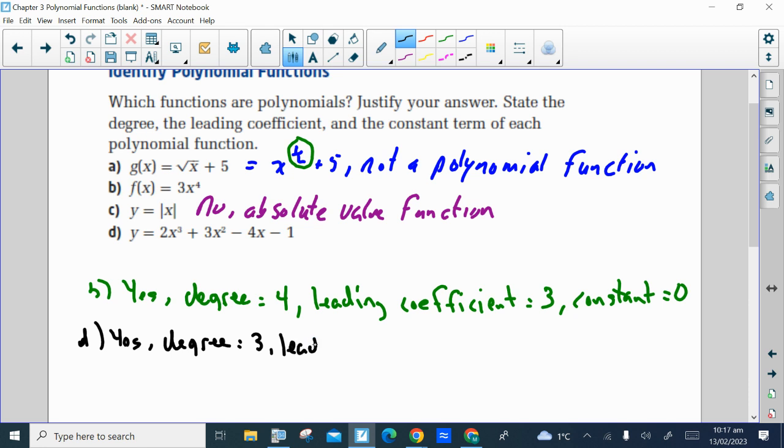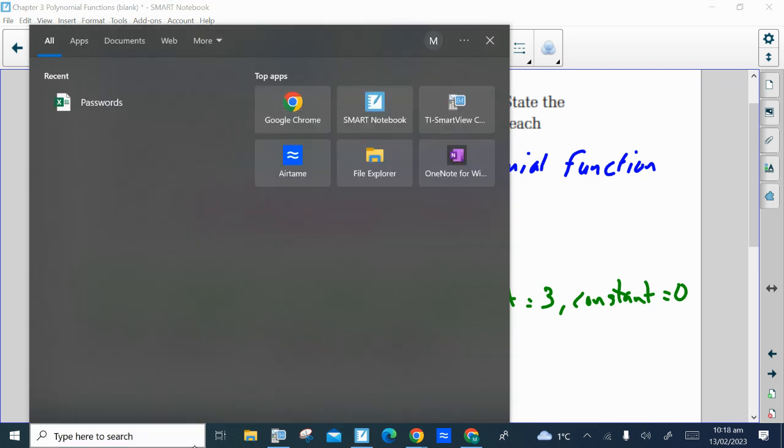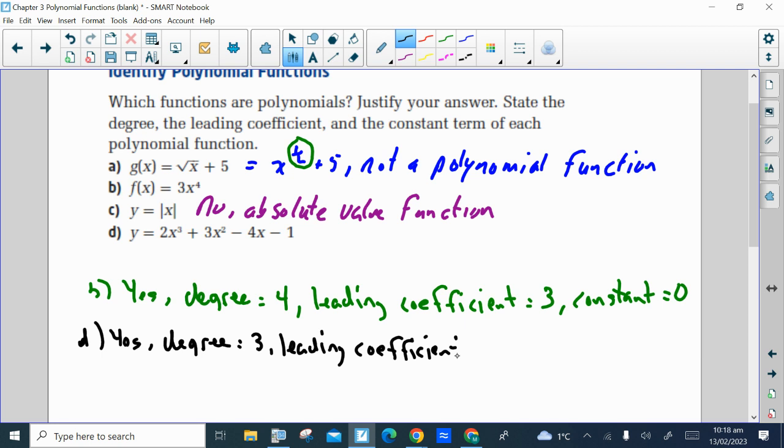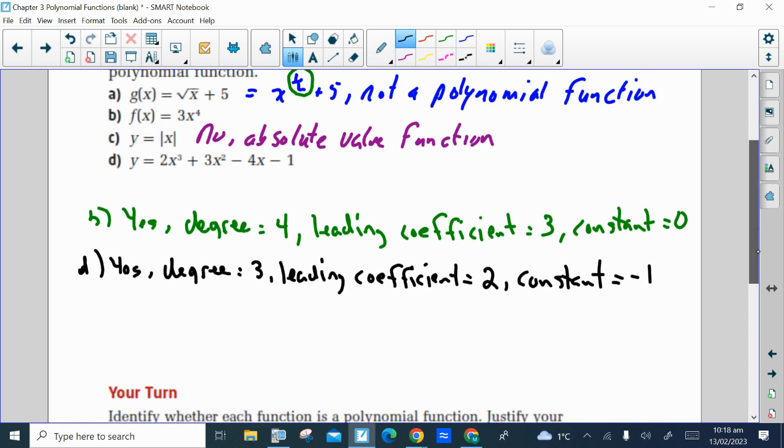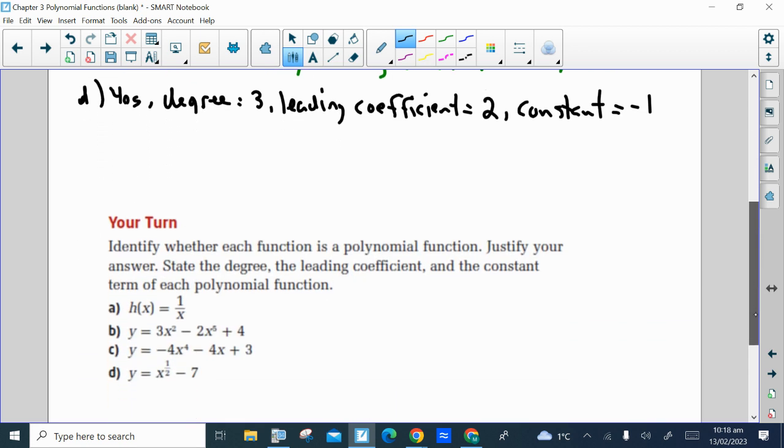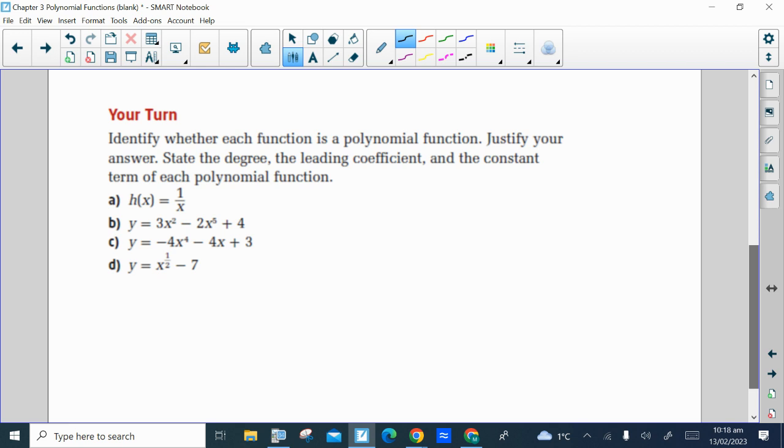Our leading coefficient will be the coefficient in front of that term with the highest power, that's 2. And our constant, in this case, would be -1. There's the constant term. Okay? So we can do the same thing for the ones below.